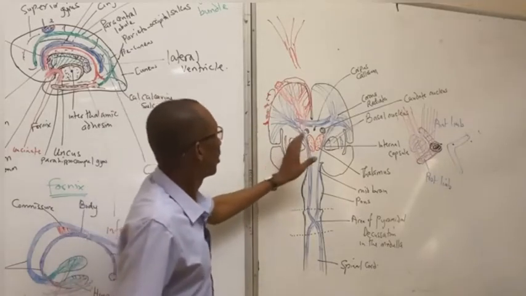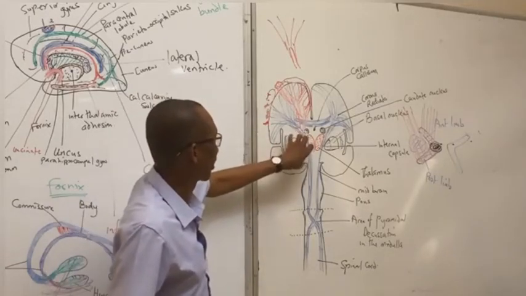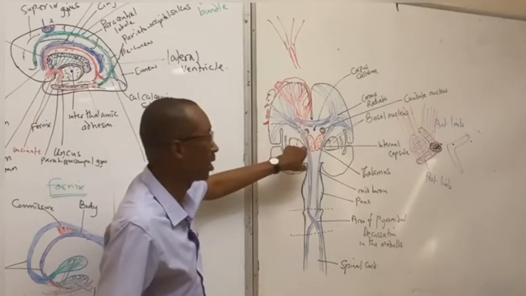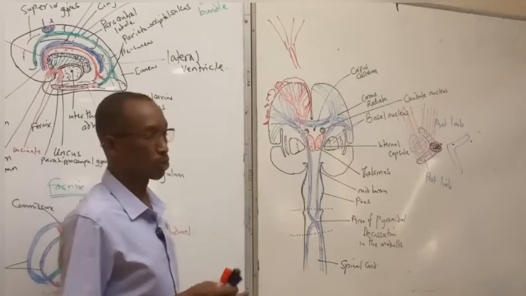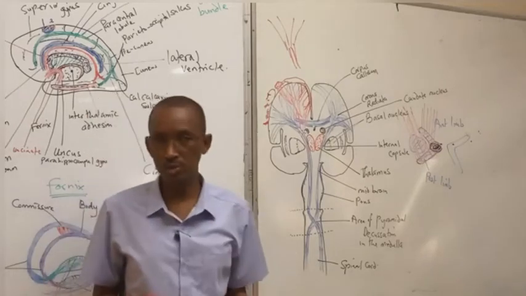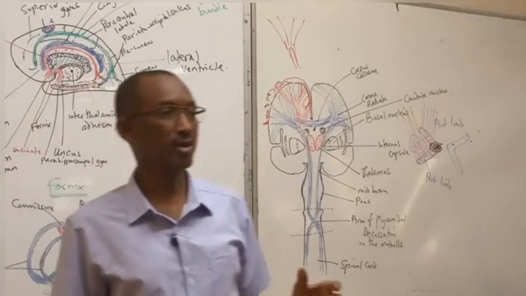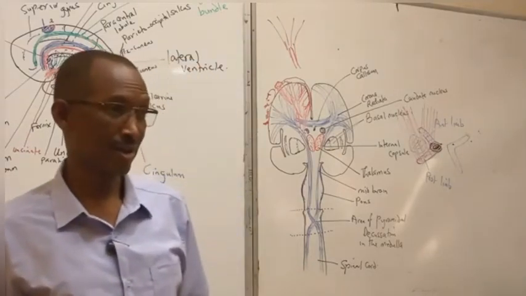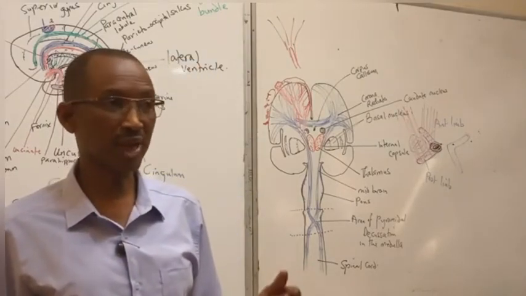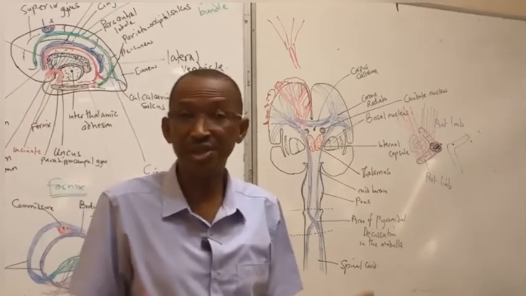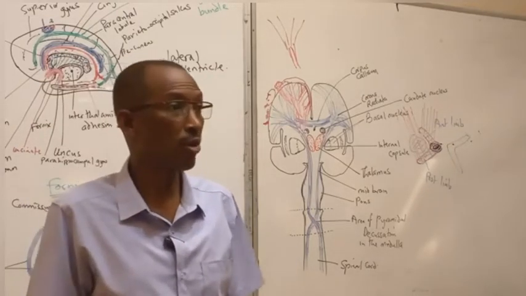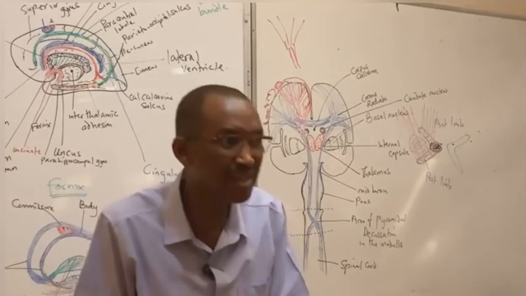So the most important structure that you should know that is related to the lateral side of the internal capsule is the basal nucleus. I told you that in other textbooks, they call the basal nucleus basal ganglia. You understand? Which I think is wrong, because we have already defined what a ganglion is: a conglomeration of cell bodies outside.